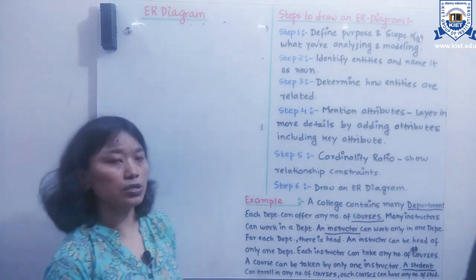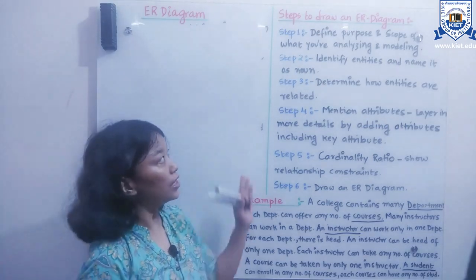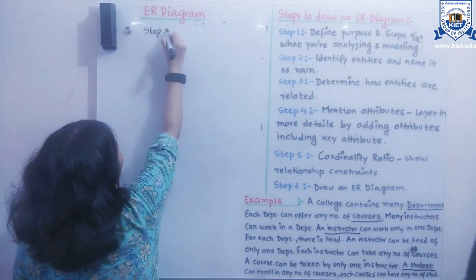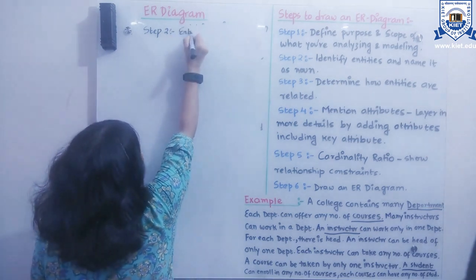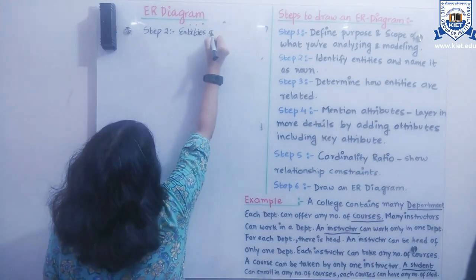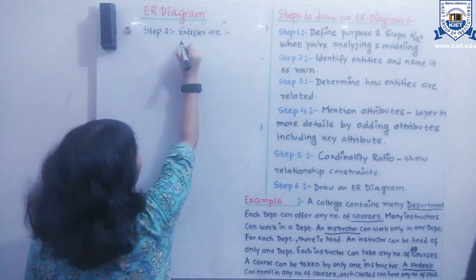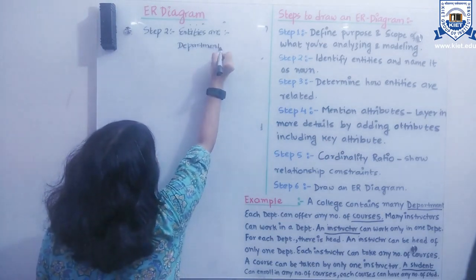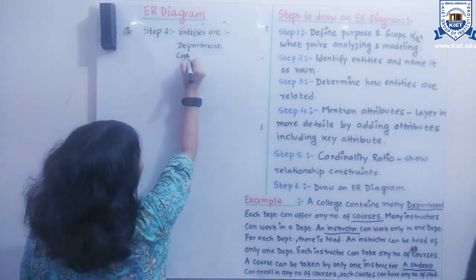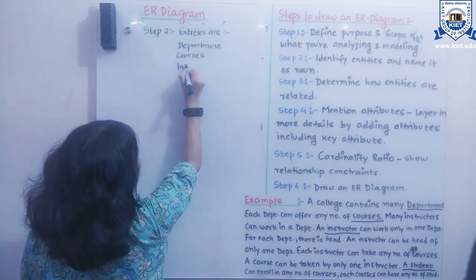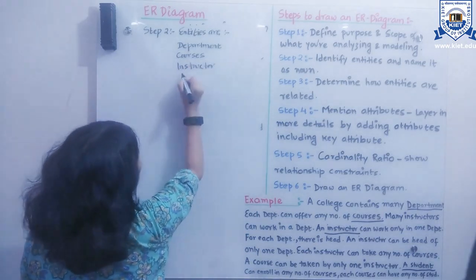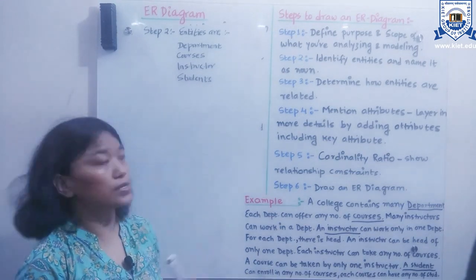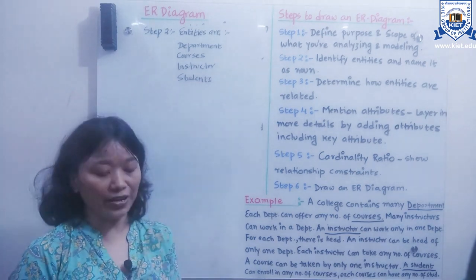So if I check this whole problem statement, step 1 was done, and in step 2 we are identifying the entities.